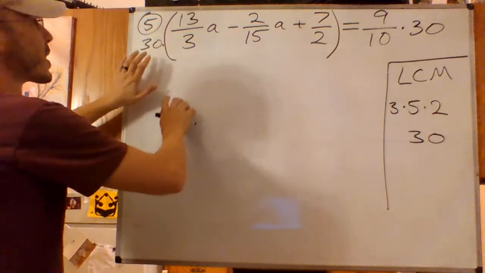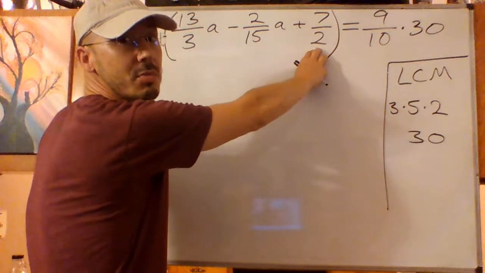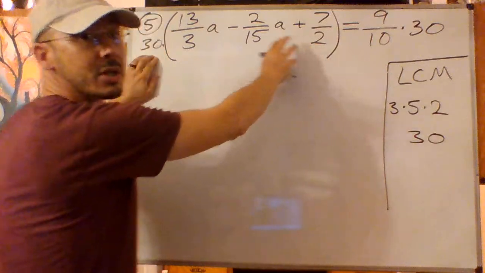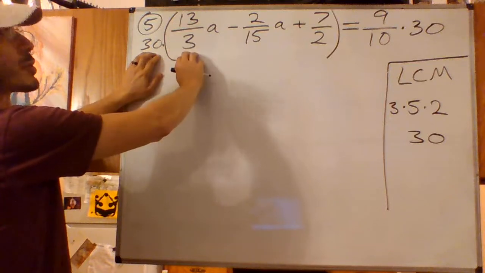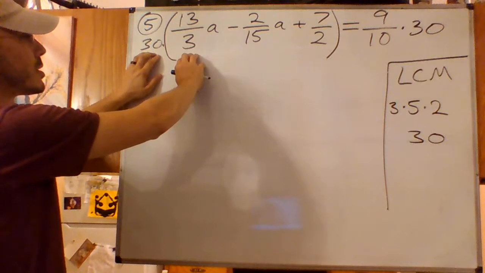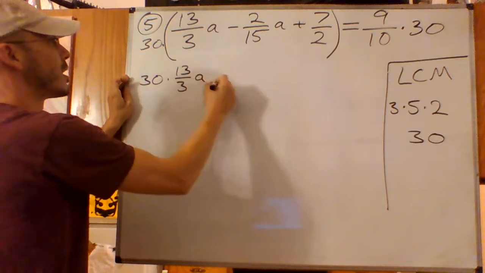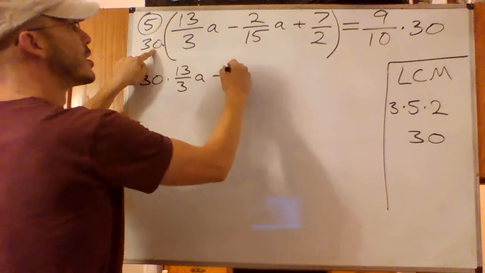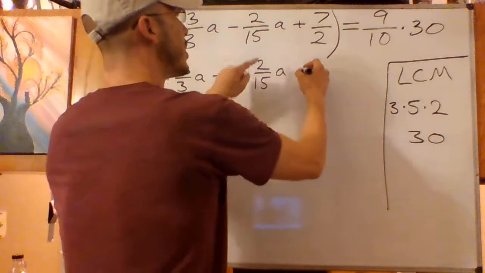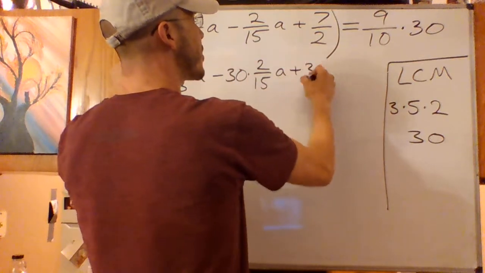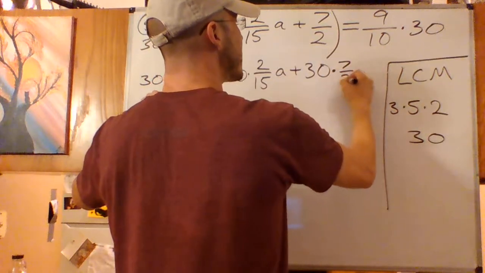let's see what happens. This 30 needs to be distributed to all 3 of these terms. So I'm going to do that one term at a time. 30 times 13 over 3. Actually, we could write it out. 30 times 13 over 3a minus 30 times 2/15 a plus 30 times 7 halves.